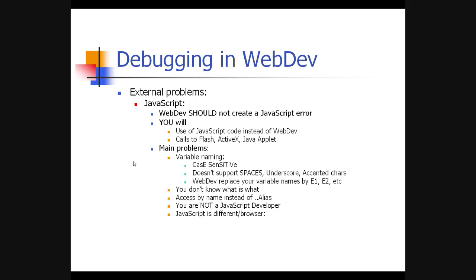Remember also, one of the big problems is that JavaScript is implemented differently in each browser. One of the things that is different is the structure of objects. You access your HTML page using document dot in one of the browsers, page dot in another one. Then the way to access an object is different.